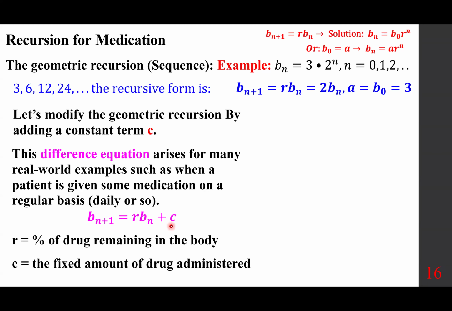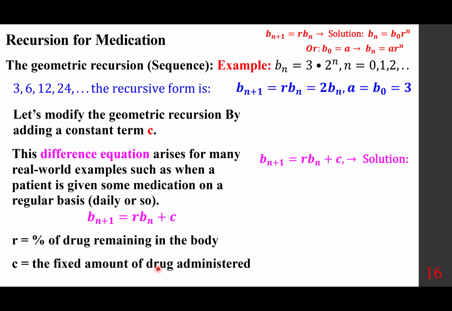In this case, R is the percentage of the drug that remains in the body, where C is the fixed amount of the drug that is given to the patient at a specific time step: every hour, every 4 hours, every 8 hours, every day, every week, every month.